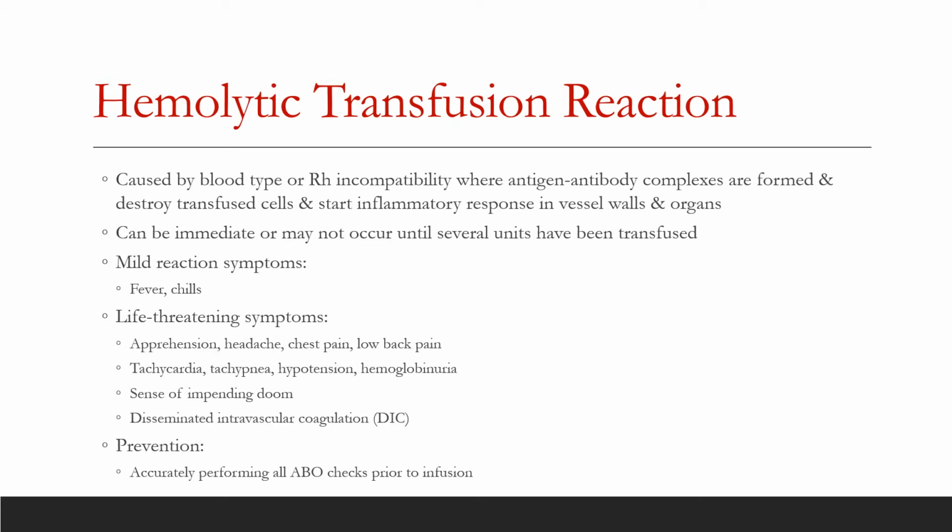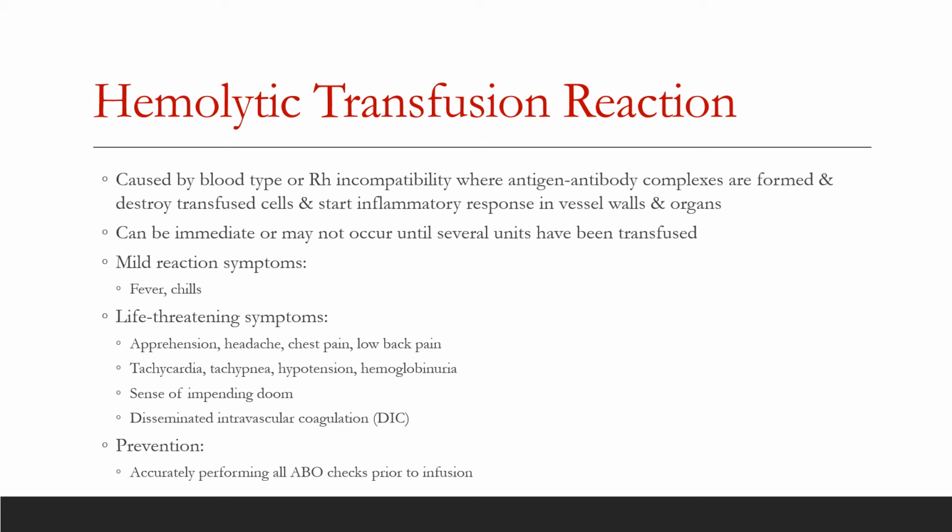Now we have hemolytic transfusion reactions. This is the common one that most people think of. So this is due to the blood type or the Rh incompatibility, the ABO and positive and negative antigen-antibody complexes that we talked about.